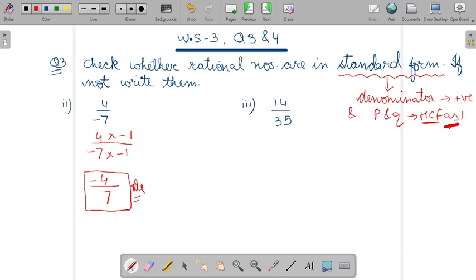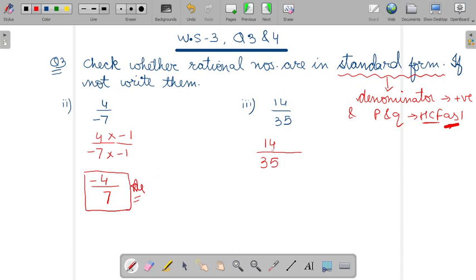Come to the third part. In third part, the rational number is 14 upon 35. आपको standard form में convert करना है. So look at the denominator. This is already in the positive form, so you will not convert this denominator further. Now we will see what is the highest common factor. Are you getting any highest common factor over here?